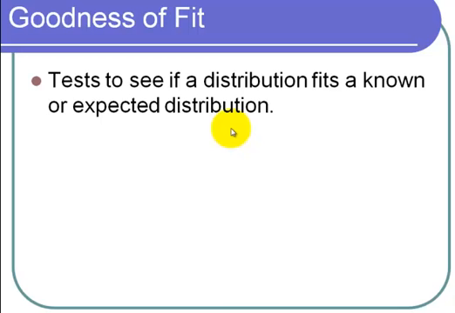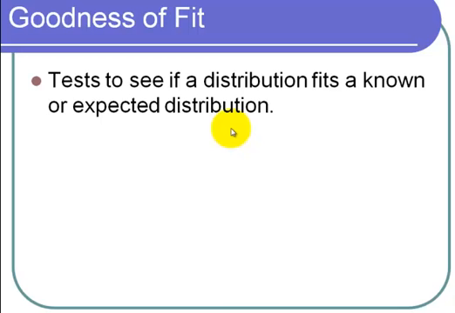You can say the same thing with the normal distribution. Does it seem to fit a normal distribution? Is it unimodal? Is it skewed left, skewed right? And we'll have an example of that. Or sometimes it'll be a distribution that is some known distribution. Maybe the Census Bureau has taken the data and we know what it is for the state of California, and we want to find out our local area.